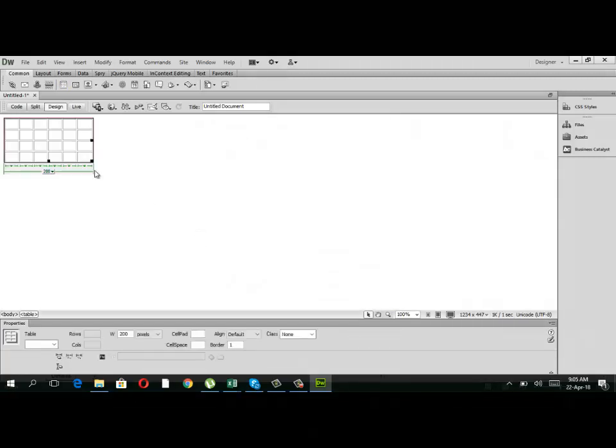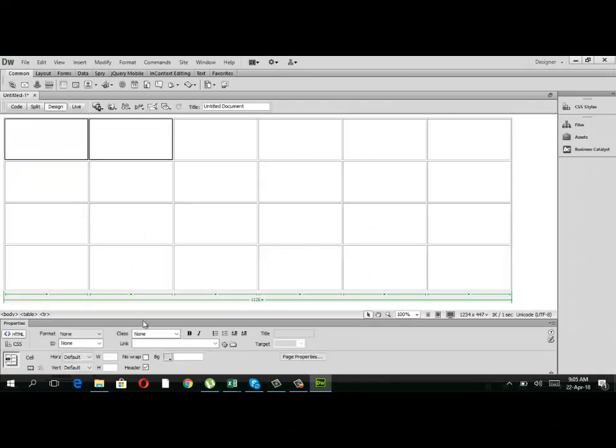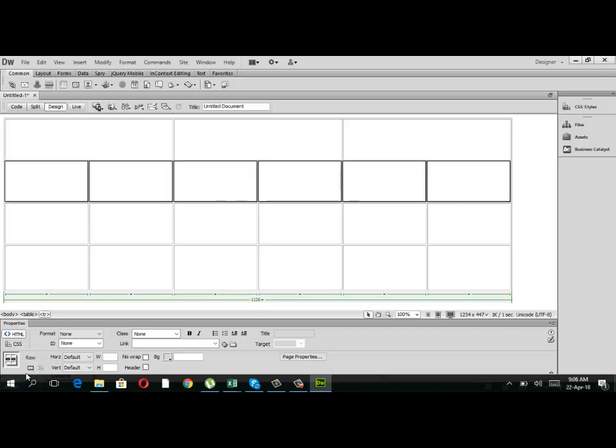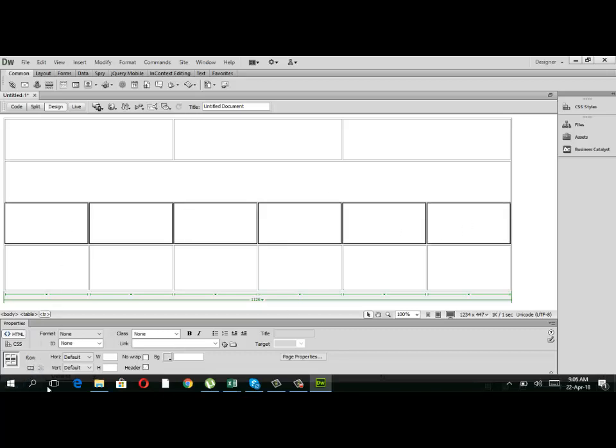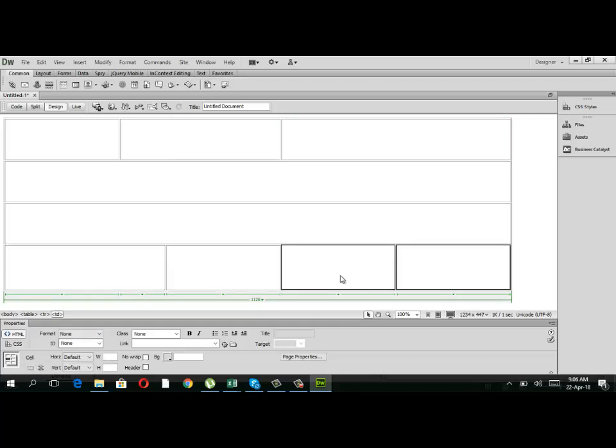Now, how could this be of advantage? I would have merged these two, I would have merged these two, and I would have merged these two. I would have merged all these, and I would have merged all these. What I would have actually merged was these three, and I would have merged these three.